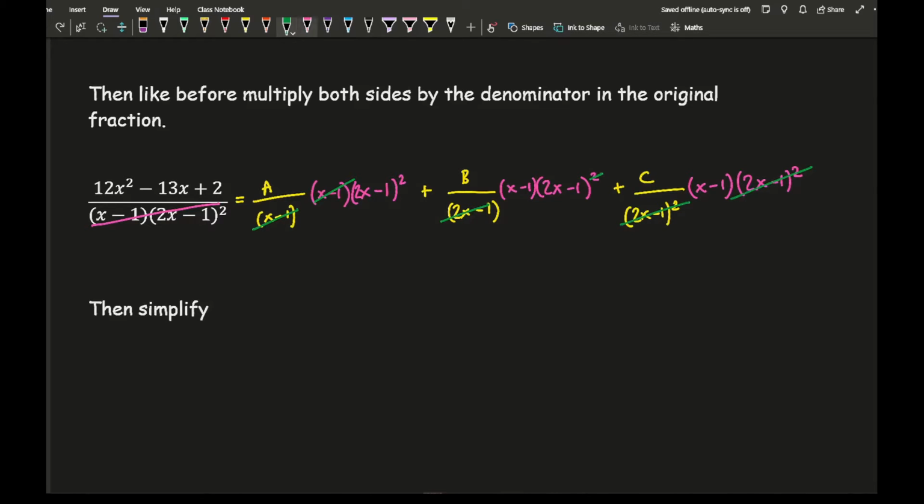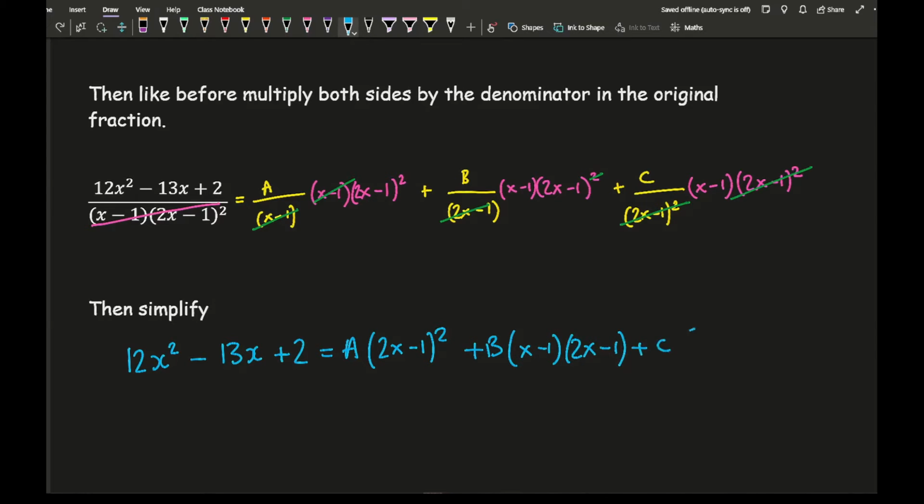So what I'm left with, let's use a different colour, is 12x squared minus 13x plus 2 equal to a times 2x minus 1 squared, plus b times x minus 1 times 2x minus 1, plus c times x minus 1.